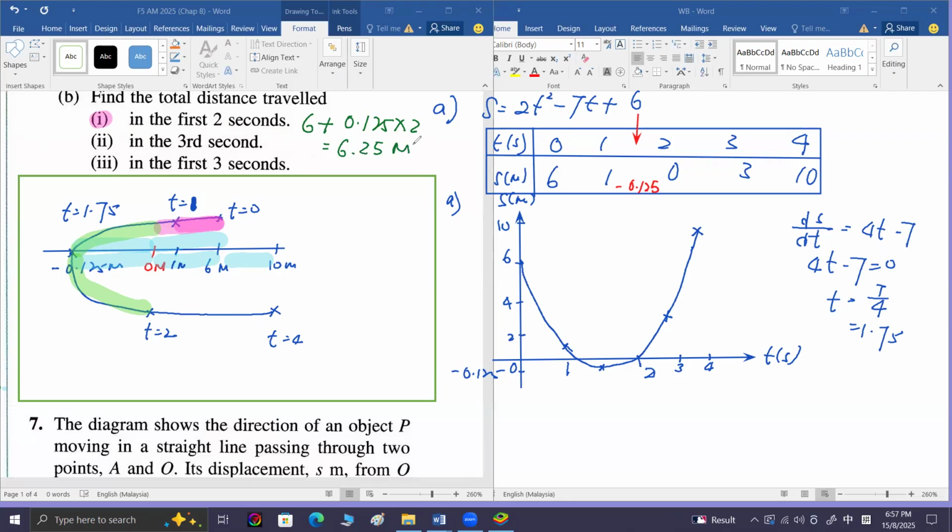Okay, got it, class? Roman 2 later, I go Roman 3 first. Now I go first 3. First 2 we have done, right? 3 is at 3 meter. Can you see that? 3 meter is here.